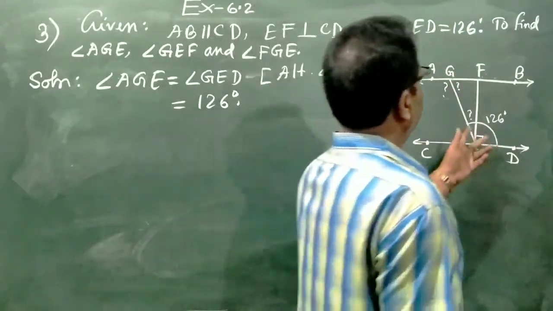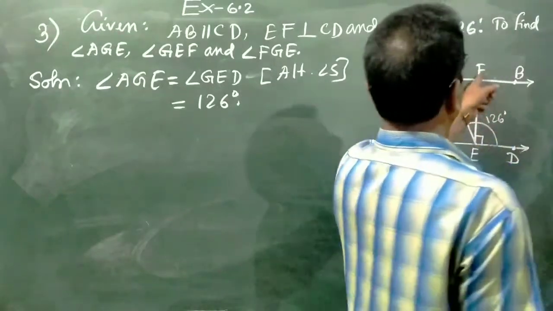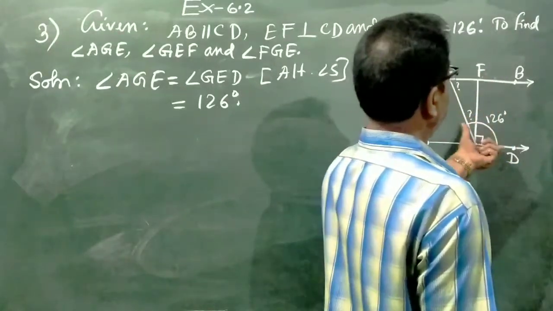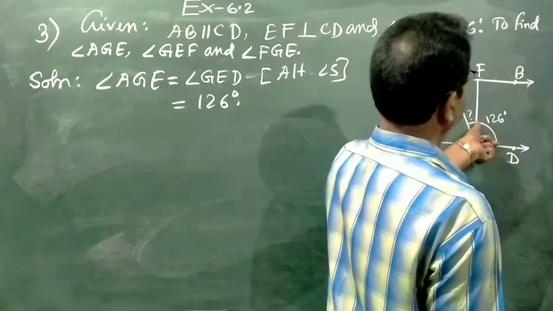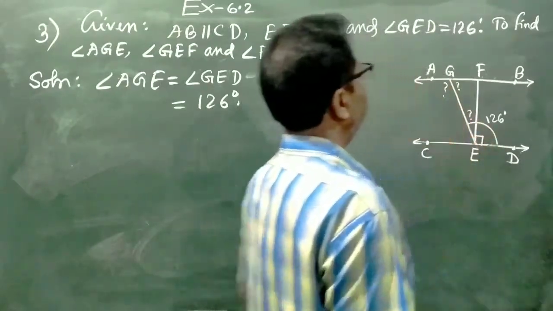Now here, GEF, to get this angle, the total is 126. From there, cutting off 90 degrees, this GEF will come out.